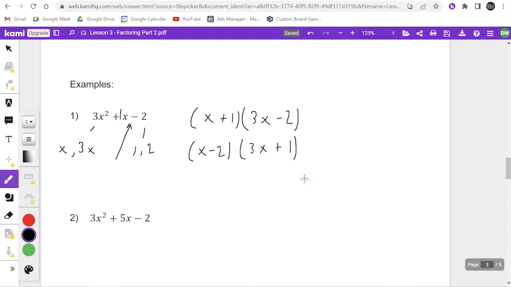Actually, I believe there's even more than this. Another thing we can have is x minus 1 times 3x plus 2. And then the fourth combination we can have is x plus 2 times 3x minus 1. So in other words, there's 4 potential answers here.